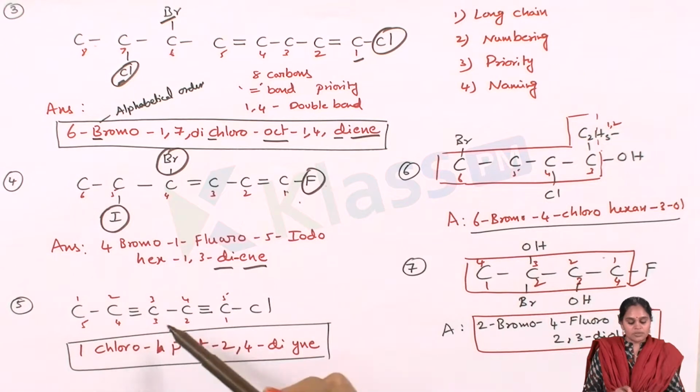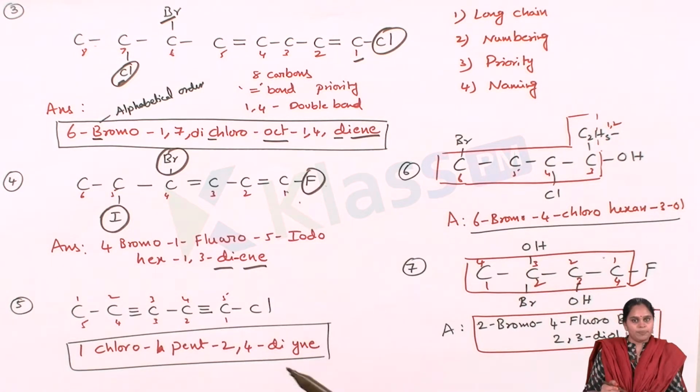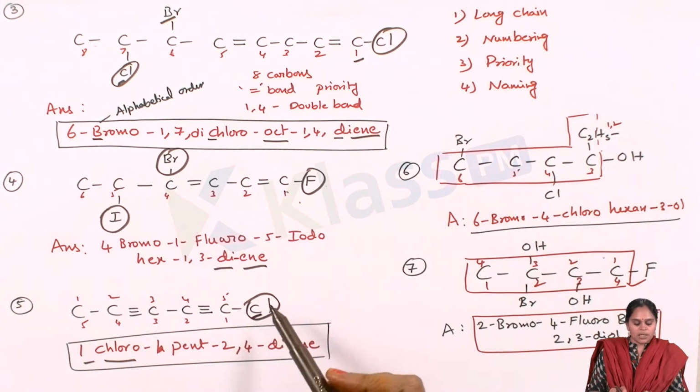See this example also, here a triple bond is there. Whenever a triple bond or double bond appears in the chain, you have to give the lesser number to the triple bond. You have to consider the priority for the triple bond first, and that carbon should get the lesser number. Pentane means only single bonds. Pentene means double bonds are there. If 1 triple bond is there, pentyne. So in the first position 1 chlorine is added: 1-chloro, because C comes first in the alphabetical order.